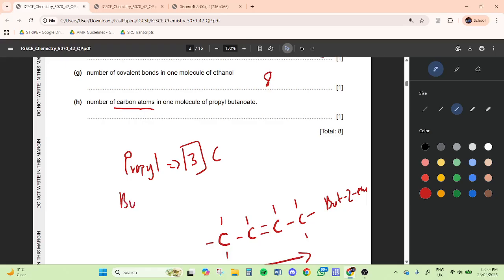And butanoate, it comes from butane or butene or the ones that we did earlier, and that always has 4 carbons. So if you add those 2 together, you're going to have 3 plus 4, which is 7 carbons. And if you remember that, then you'll be fine for all of that. So the answer is 7.